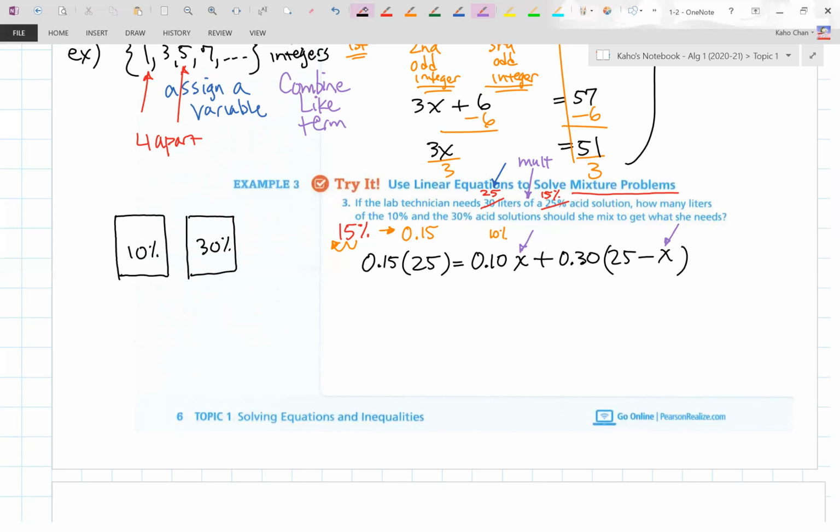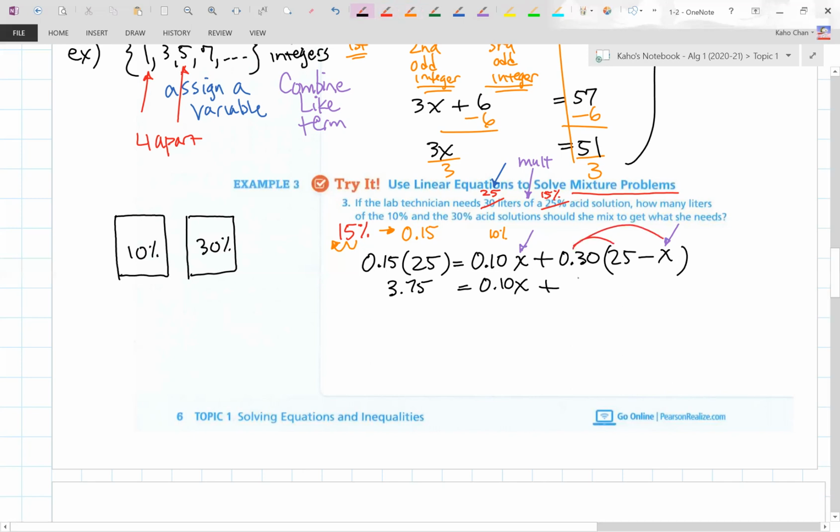If you grab your calculator and multiply 0.15 with 25, you'll get 3.75 equals 0.10x plus, let's apply the distributive property here. You'll get 7.5 on the calculator minus 0.3x. The rest is undoing operations, combining like terms. Now, we have a couple of x's on this side that can be combined together.